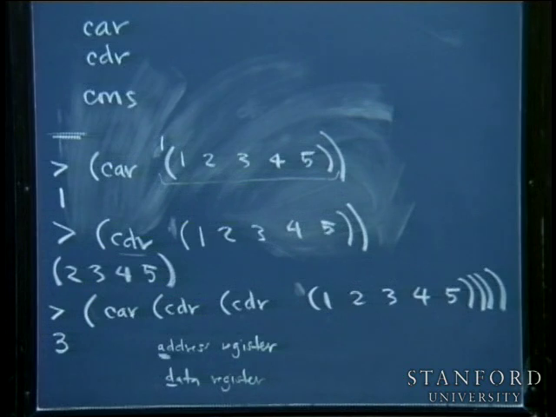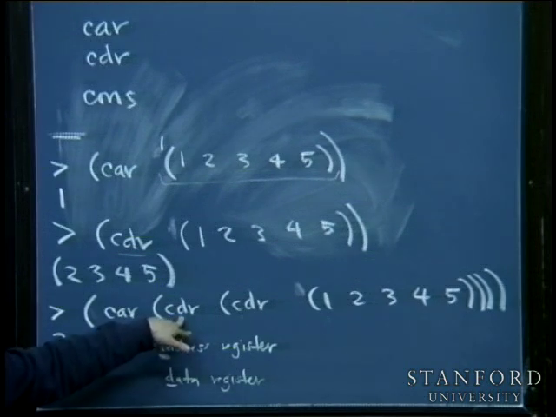The car and the cdr that were most recently dealt with, the addresses that implemented them, were stored in the address register and the data register. That's where the AR and the DR come from, address register and data register. Does that make sense? I don't know where the C came from. Something related to the letter C, I'm sure. I just don't know. So that's why they're there.